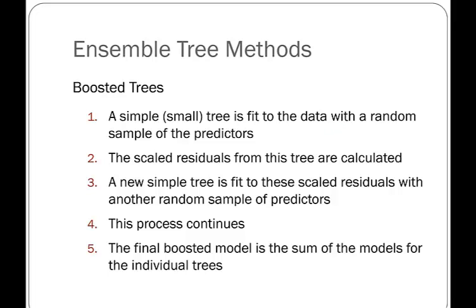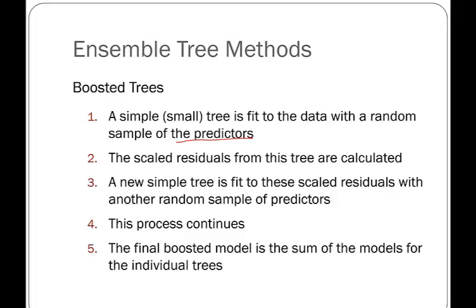Boosted trees use a bunch of different simple trees that are fit with data on some of the predictors. So take a random sample of the predictor variables, fit a tree, take the residuals from that model, and use those in a new tree that is also based on a random sample of the predictor variables.